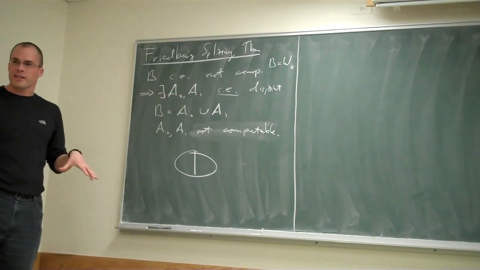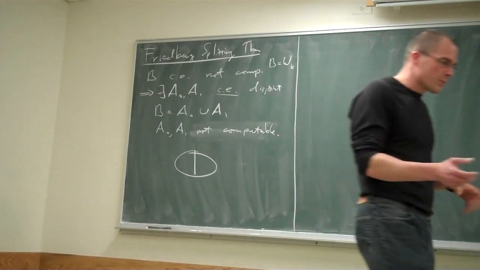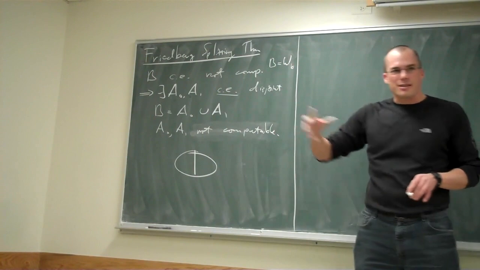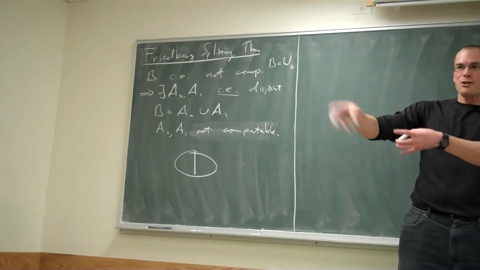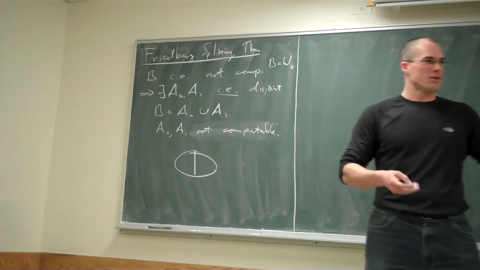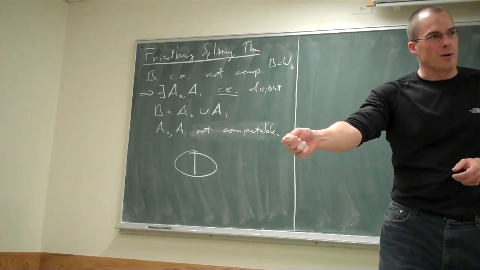Well, the usual strategy for this is that you come up with a strategy which proceeds in stages or something like that, and you just keep going, you keep chugging along, doing stuff. Now, if you do stuff that's not computable, then you should have no hope of getting computably enumerable sets out of it. So what you want to do is come up with a strategy where you keep doing computable stuff, and while you're doing this computable stuff, like you compute to test whether this is true, you compute to test something else, and then along the way, every now and then you say, and now I enumerate this thing into A0.